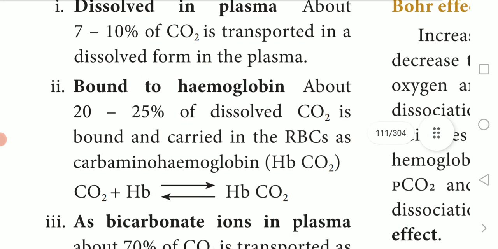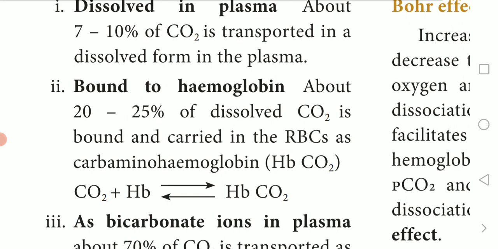The second step is bound to hemoglobin. Take your textbook and underline this. About 20 to 25% of carbon dioxide is bound and carried in RBC as carbaminohemoglobin.